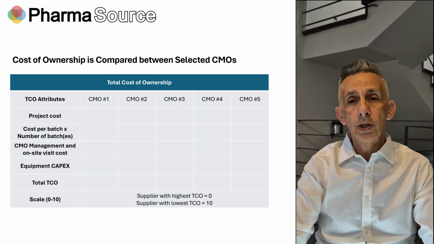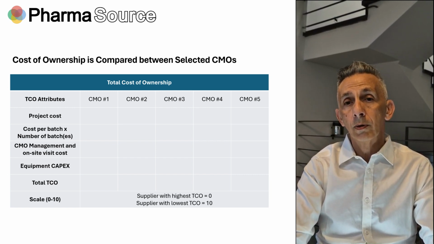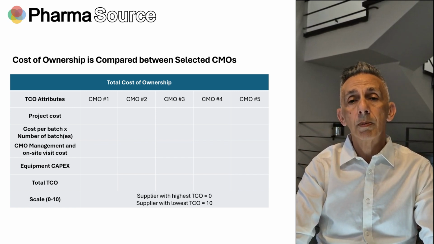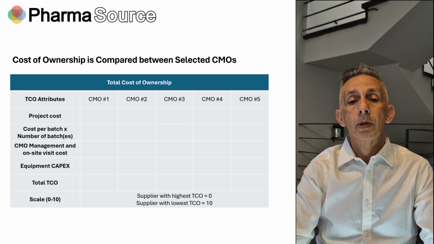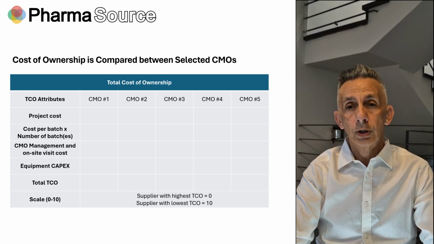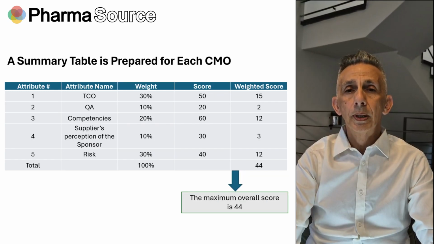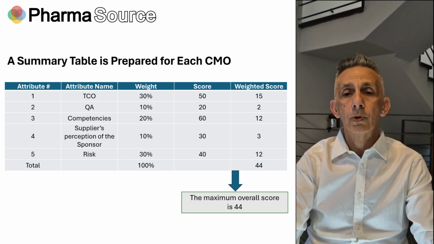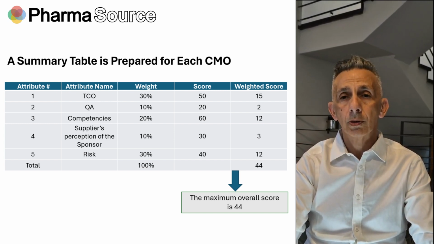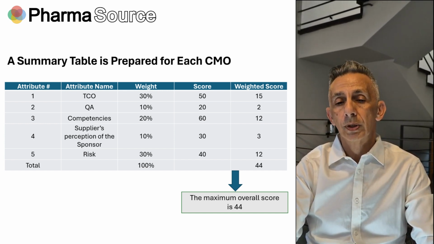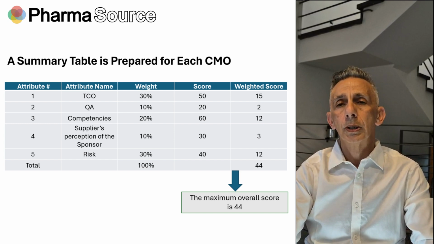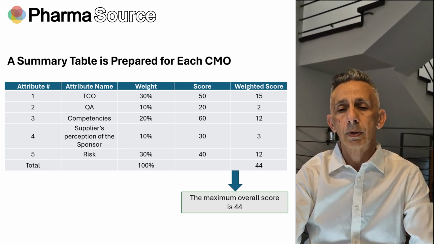We will give each CMO a mark, and the total of these marks will be the total cost of ownership for each CDMO. So we will continue to give marks for each of the attributes that we have predefined, for example the total cost of ownership, the QA, the competencies, etc.